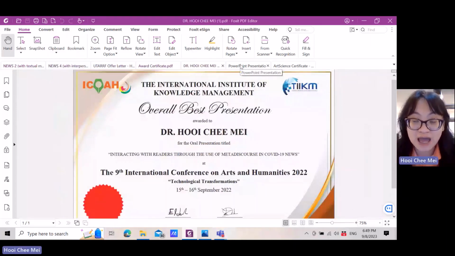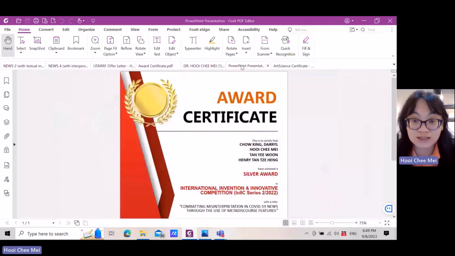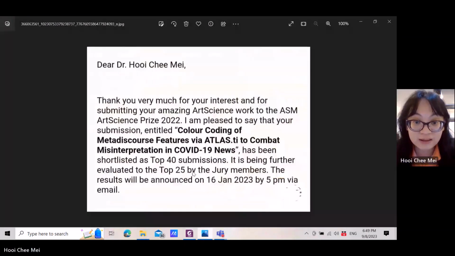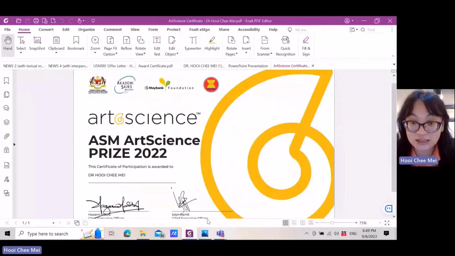The next award that we obtained was the Silver Award in the INIC Series 2 to 2022 competition. And lastly, we did not receive an award, but we were shortlisted in the top 40 of this art science prize. And that was the certificate that we obtained.